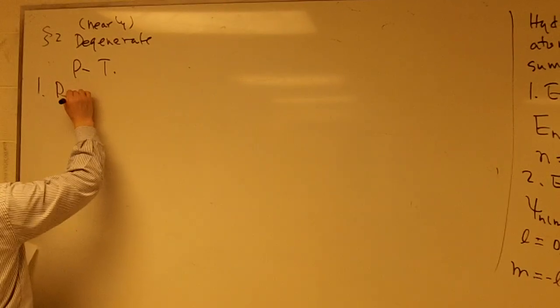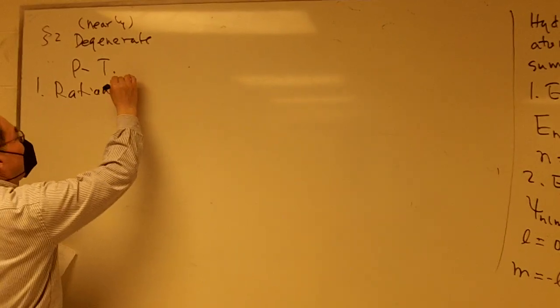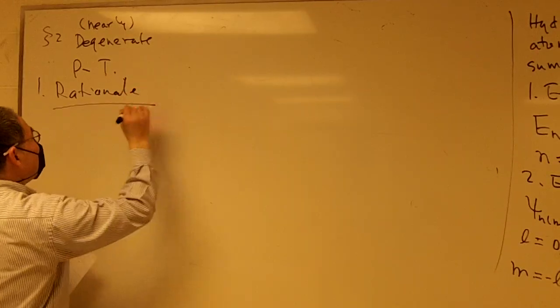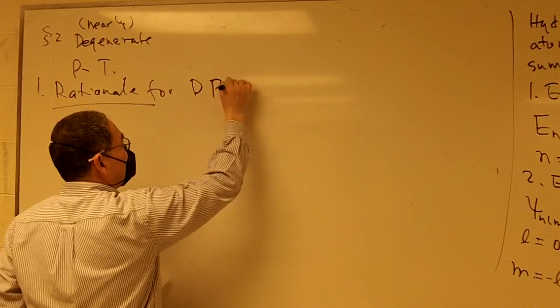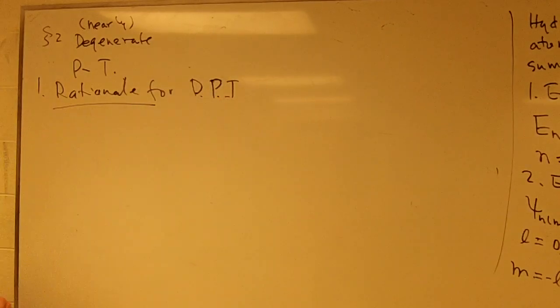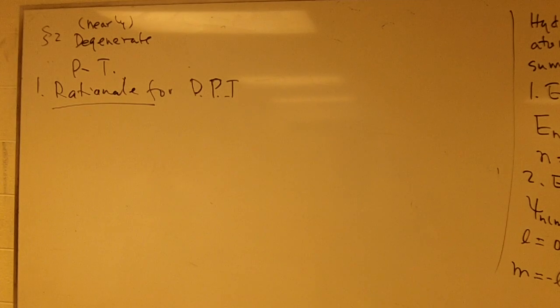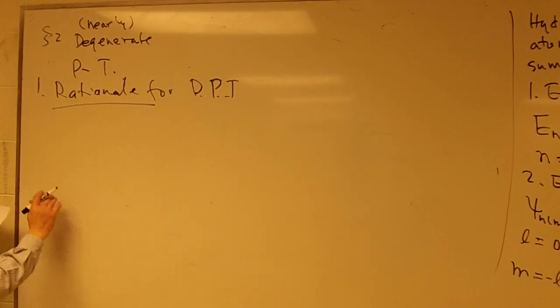So the first thing that we want to explain is why we need this rationale for degenerate perturbation theory. Why do we need degenerate perturbation theory? The main reason is the wave function.